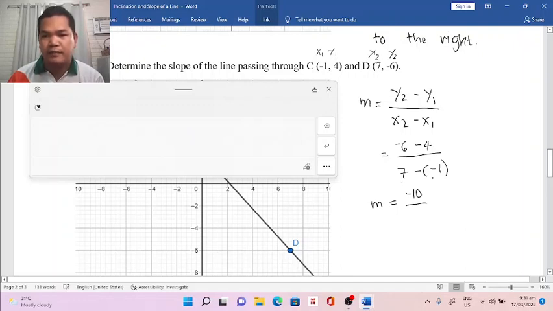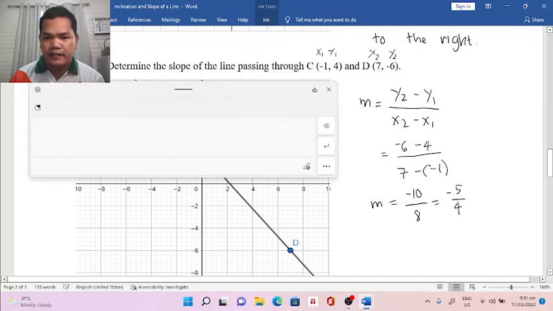Negative times negative is positive, so 7 minus negative 1 is 8. So negative 10 over 8 is negative 5 over 4.